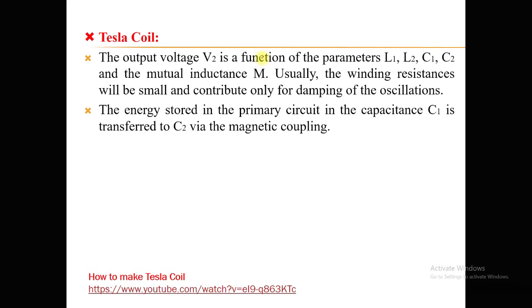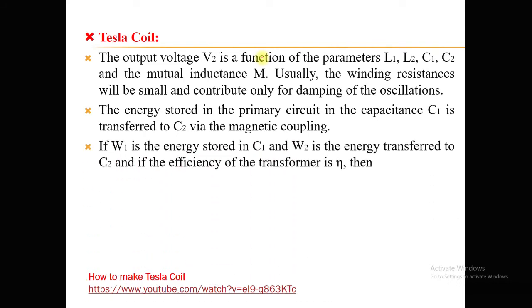If W1 is the energy stored in capacitor C1 and W2 is the energy transferred to C2, and we consider the efficiency of the Tesla transformer as eta, then the relationship can be written like this: W1 = 1/2 eta C1 V1 squared = 1/2 C2 V2 squared, where eta determines the efficiency of the transformer, which further depends upon the magnetic coupling between the primary winding and the secondary winding.